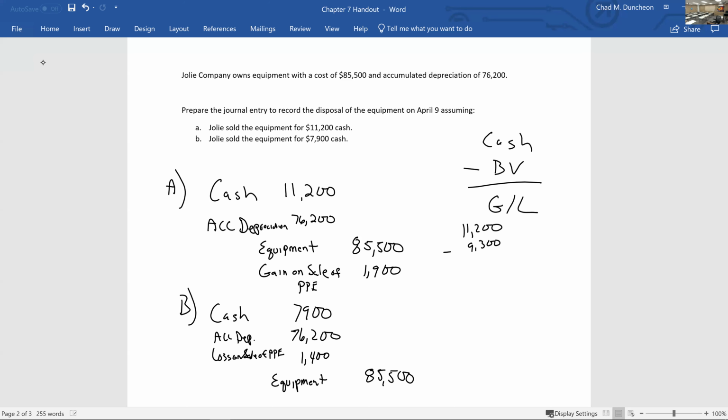So minus 9,300, that would have been our book value. $1,900 positive, so 1,900 gain. And you can do the same thing with part B. So there's a couple ways you can calculate the gain there. I like throwing it just into the journal entries. It makes easier sense to me because I know I debit the cash we received, remove the equipment, remove the depreciation, and then just plug in the difference.